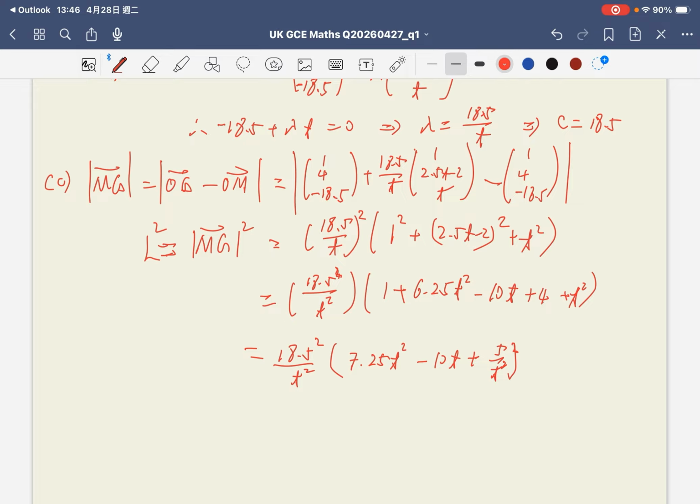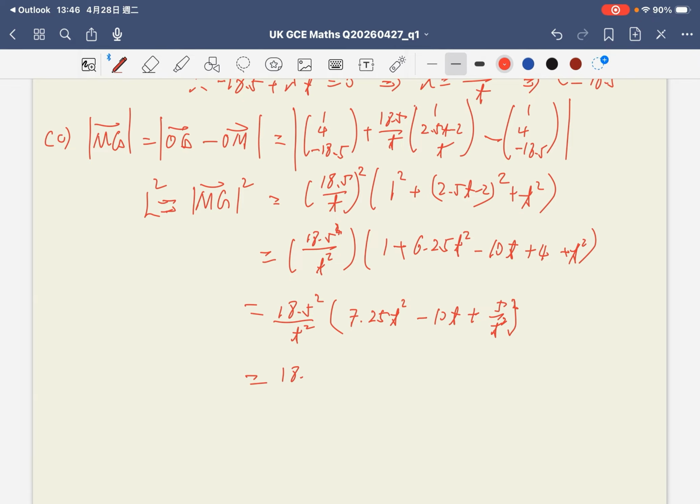And further step, multiply this denominator t squared into this bracket, and you can see that we have, sorry, this is 5, not 5t.